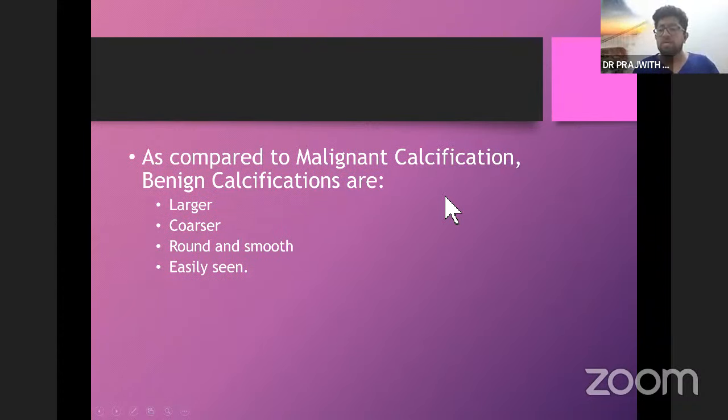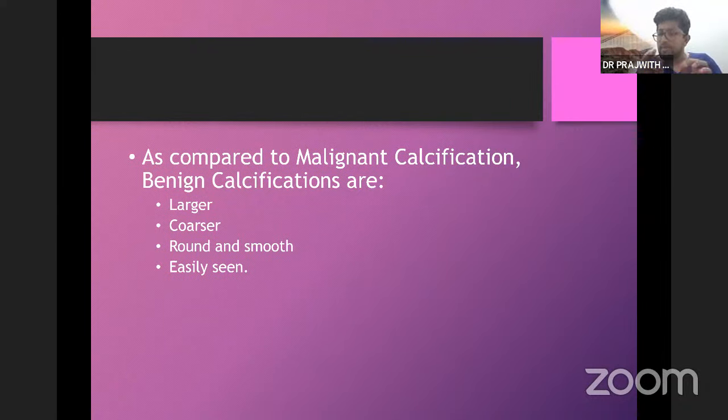So calcifications can again be divided into benign and malignant. We saw that a very obvious macro calcification, more than 5 mm, or one with a central lucency, or a rim-like calcification, or one on the skin surface, or on the blood vessels, or rod-like calcifications, are benign. When it is very fine linear branching, or fine clusters of tiny calcifications, it is malignant.